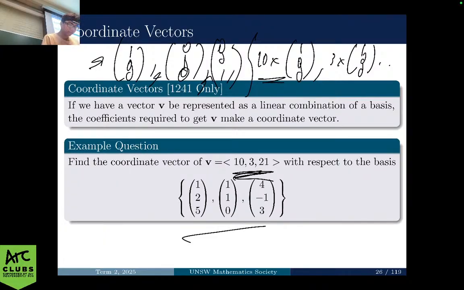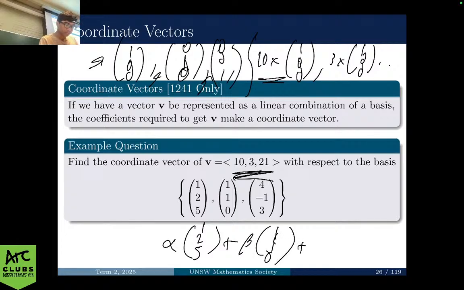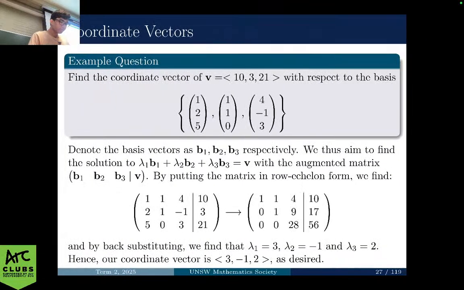I want to do the same thing here. That is just me saying I'll have alpha of 1, 2, 5 plus beta of 1, 1, 0 plus some other, let's say gamma of 4, negative 1, 3 equals 10, 3, 21. And then you can probably already see where this is going. I'm going to do another Gaussian elimination, exact same thing.